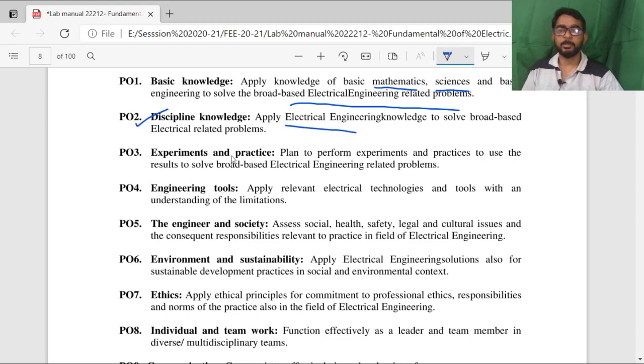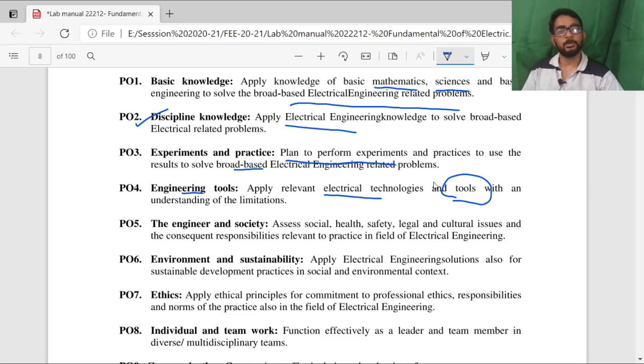Then experiments and practice: plan and perform the experiments and practice to solve broad-based electrical engineering problems. Then engineering tools: apply the relevant electrical technologies and tools with an understanding of the limitations. Tools are important in electrical engineering.